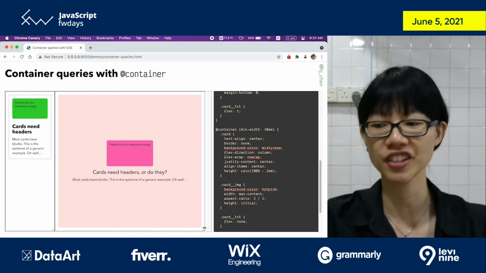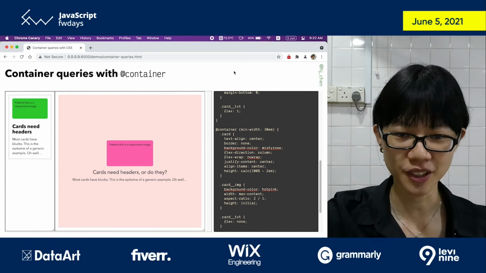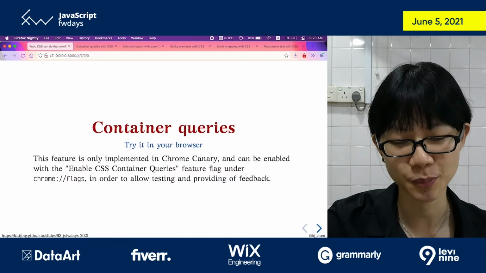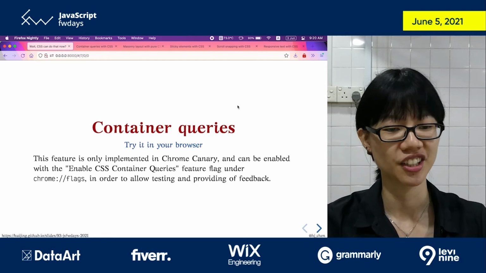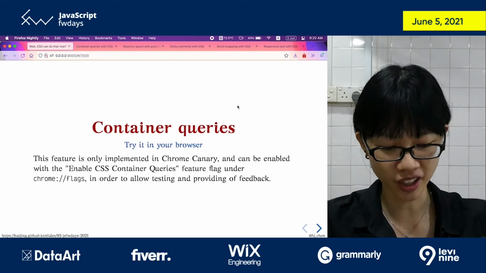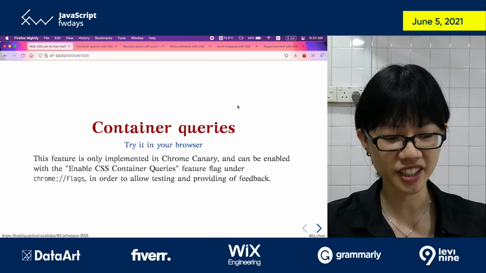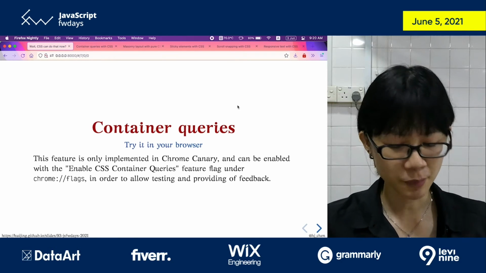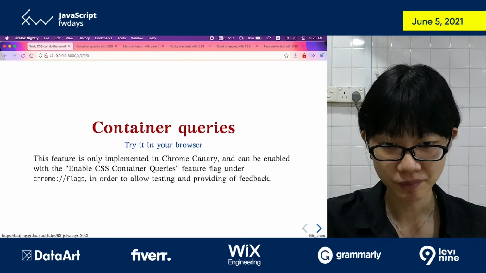This has been highly coveted for a long time. Again, a reminder to everyone, this is only supported in Chrome Canary for now. But I highly encourage everyone, get a copy of Chrome Canary if you don't have it. Enable the flag and try it out, because there are so many options, and it helps for people to implement it and then share it with the world just to give people more ideas.